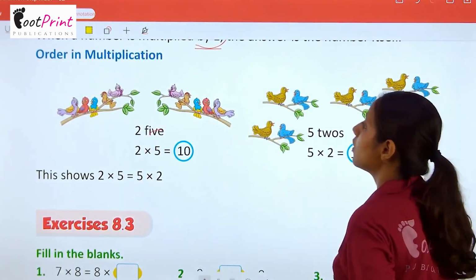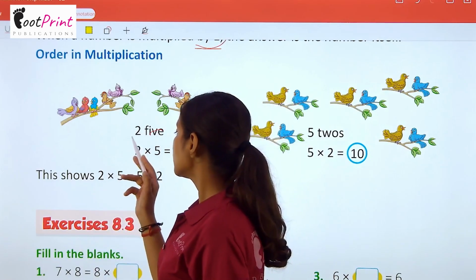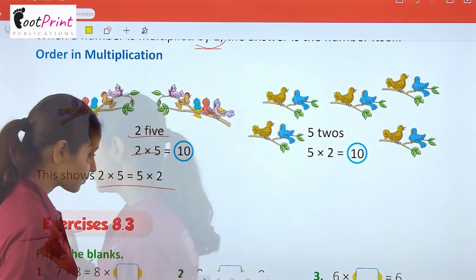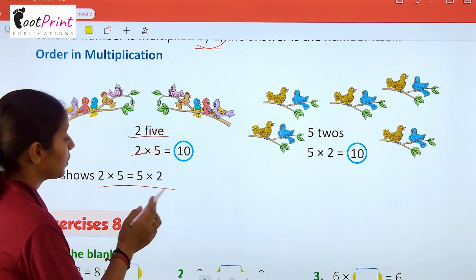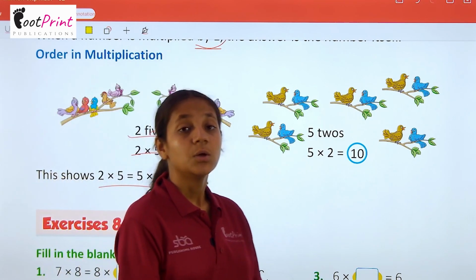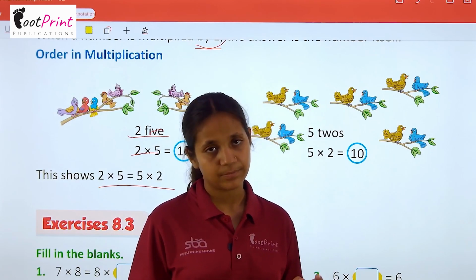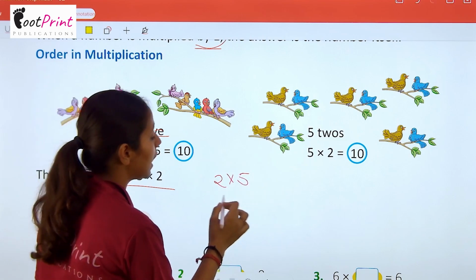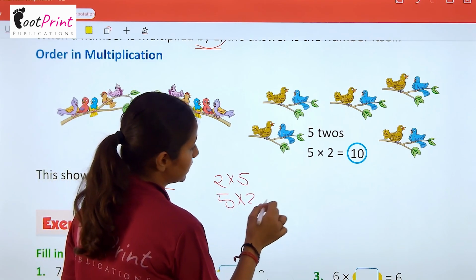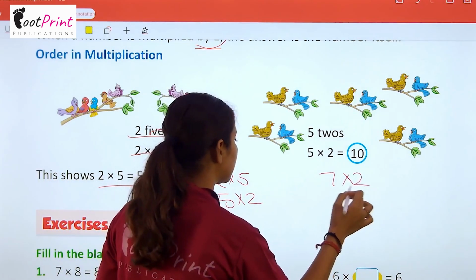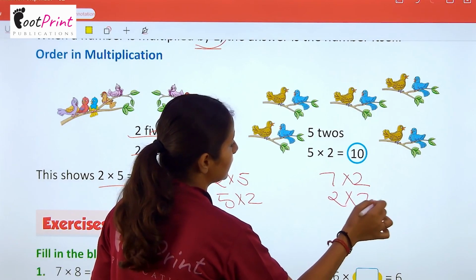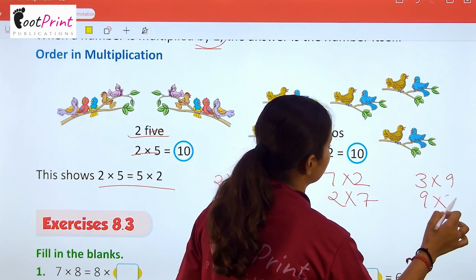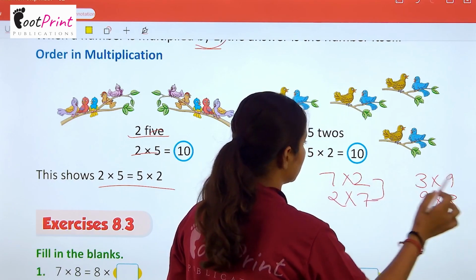Okay. Now order in multiplication. 2 into 5 is 10, and 5 into 2 is also 10. That means when we are changing the order, the answer will remain same. अगर आप 2 multiply 5 करें या आप 5 multiply 2 करें, सिमिलरली अगर आप 7 multiply 2 करें या 2 multiply 7 करें, सिमिलरली आप 3 multiply 9 करें या 9 multiply 3 करें, they are going to be the same.